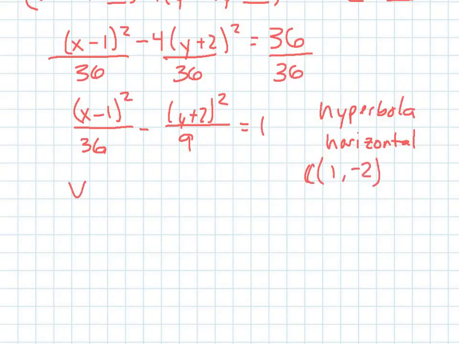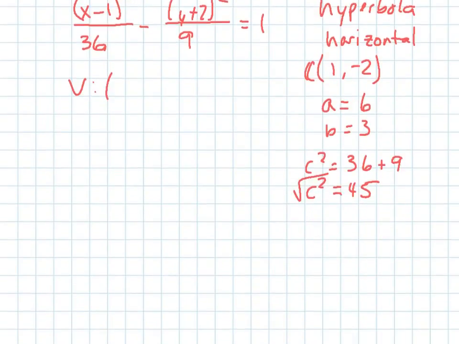And then your vertices are going to be dependent on your A's. So A looks like it's 6, B is 3. So that means that for your C squared, that's going to get me 45. So if I simplify that a little bit, when I square root it, that gets me 3 square root of 5. Okay?